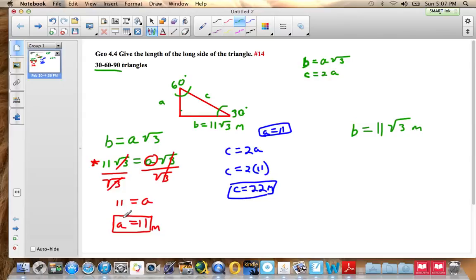I solved for A down here, which told me A was 11 meters. And then I solved for C right here, where C equaled 22 meters. And that's how I would do number 14 in 4.4.